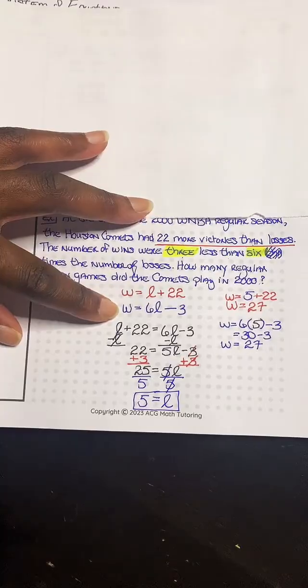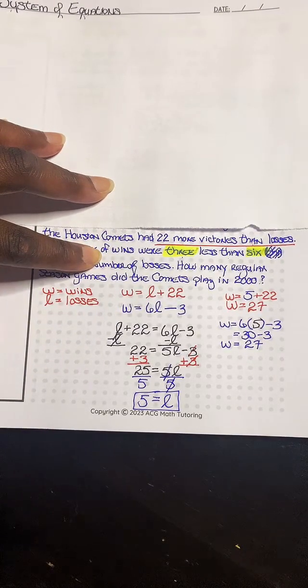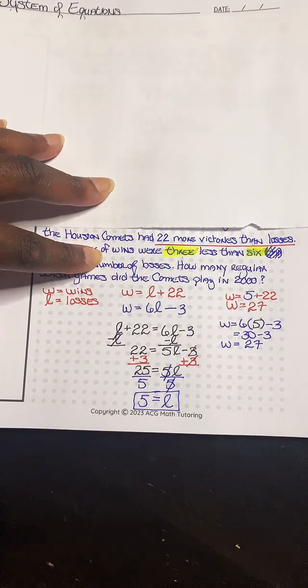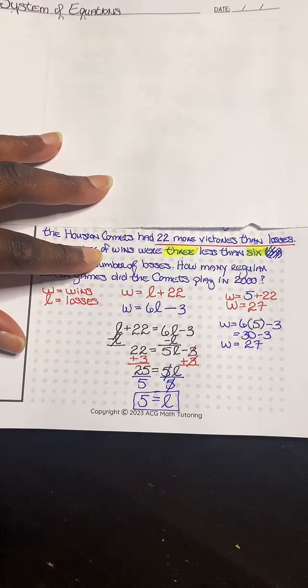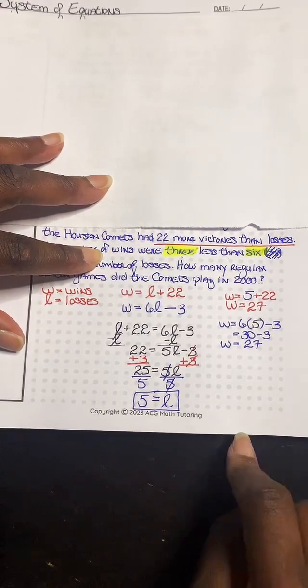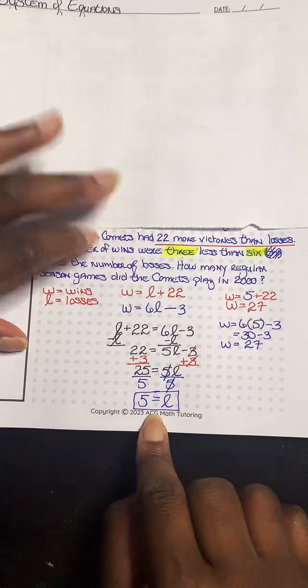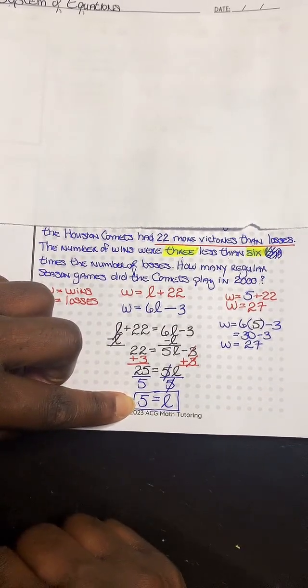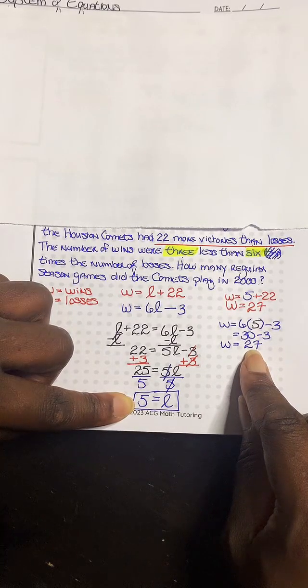But did we answer the question? There we go, Phil. Thank you. No, we didn't, okay? And I can tell you, sure as anything else in life, they will have 5 as one of your answer choices. They will have 27 as one of your answer choices.